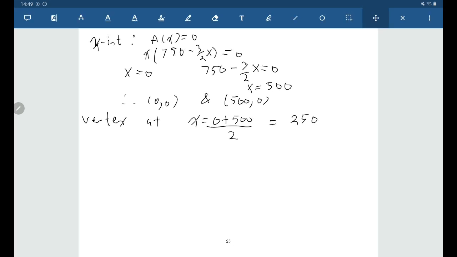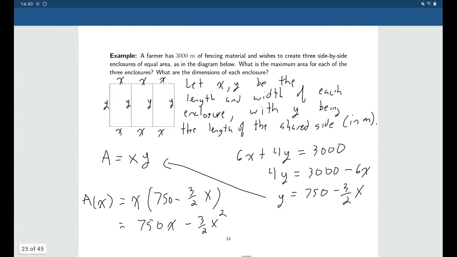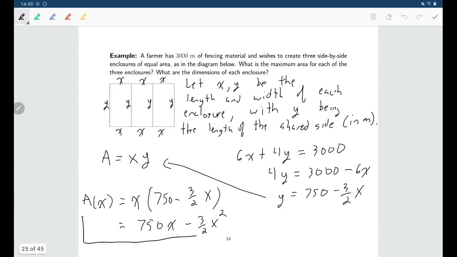And now, two things that we can find out. Now that we know the value of x for our vertex, we can go back to our area equation and use that to find out our maximum area. And so that's what I'll do next.